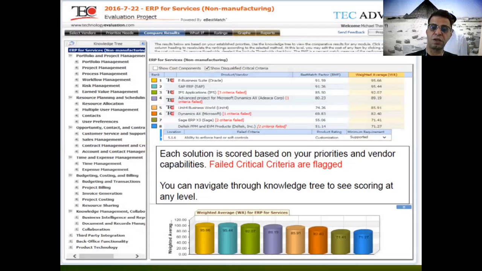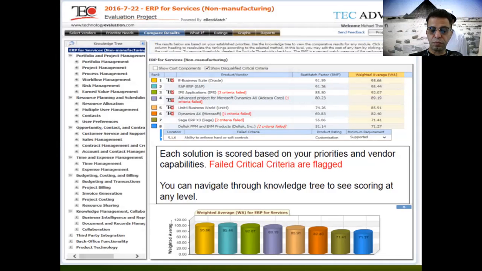Failed critical criteria are flagged. Say you need a customization or third-party integration to meet that criteria because the system cannot provide it for you, for example. And you can navigate through the knowledge tree, scoring each level differently.